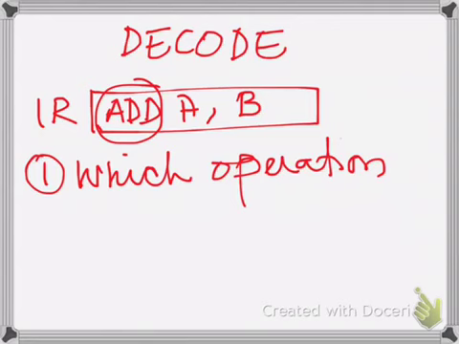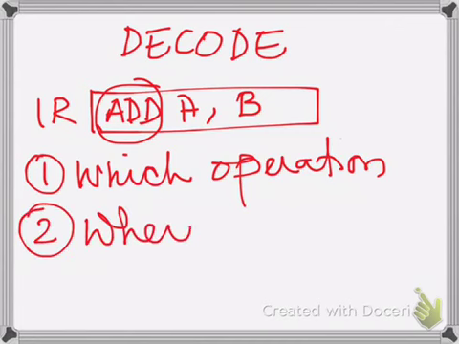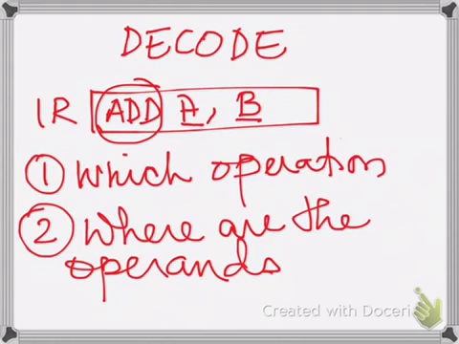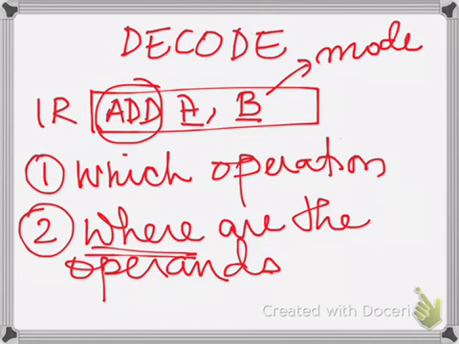You decode the operation. Then comes the decoding of where the operands are. By looking at the address fields and the addressing mode, these two together give me the location where the operands are present.